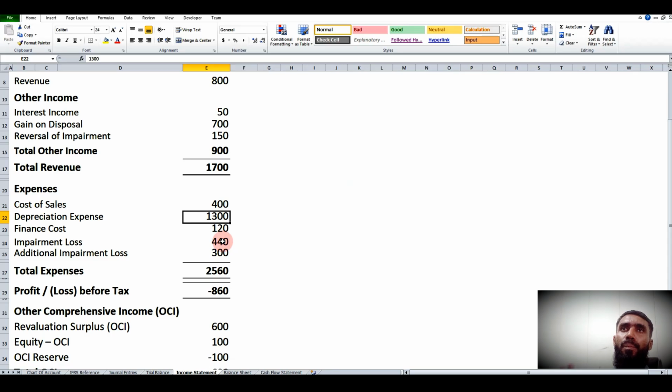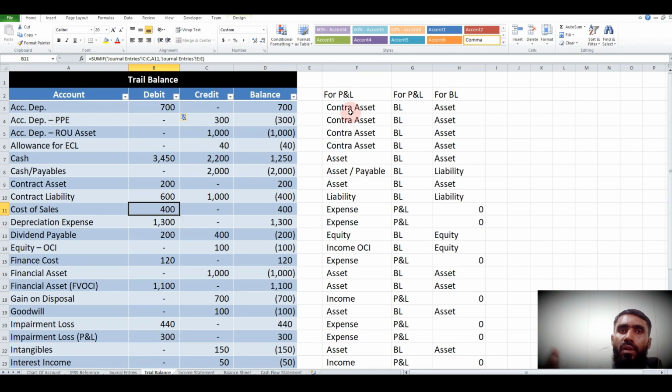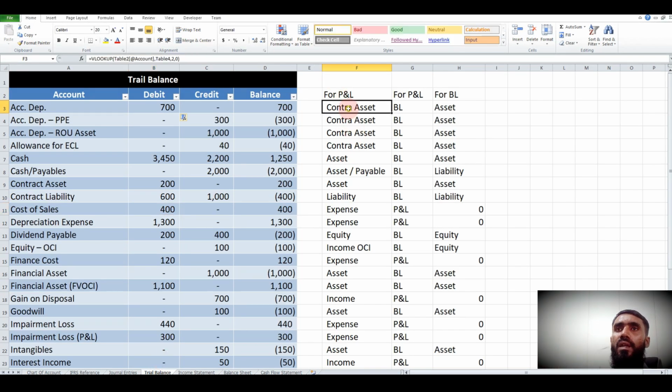I have picked these values manually, one by one, from the trial balance. Now I want to show you how to link these values from the trial balance.